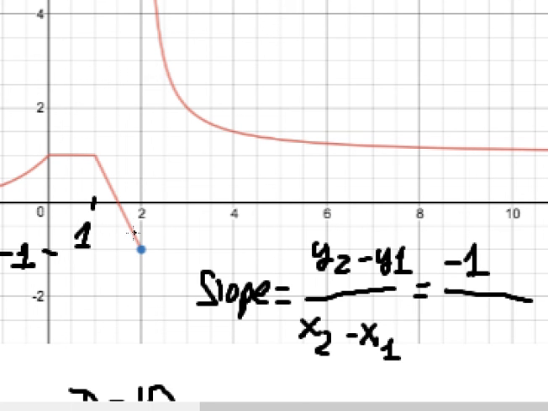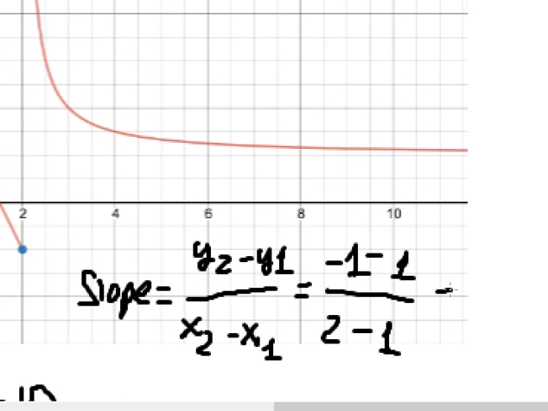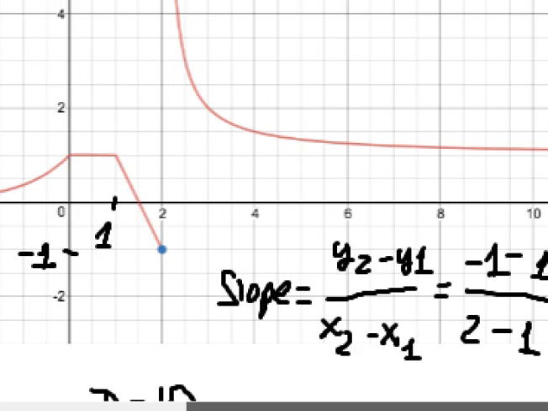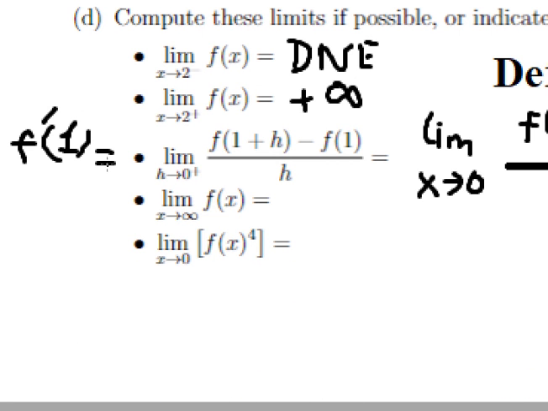And x2, that is number 2. y1, that is number 1. And x1, that is number 1. So we calculate this one, and we have negative number 2. So the answer for question C is negative number 2.